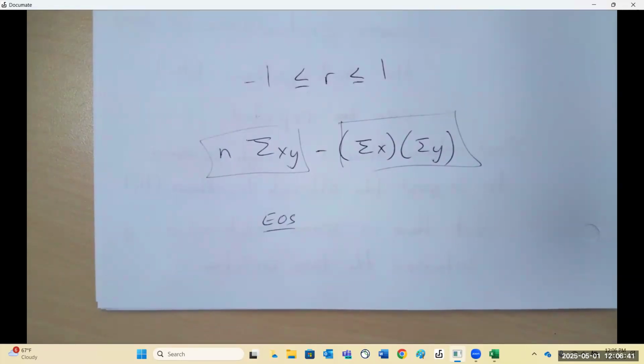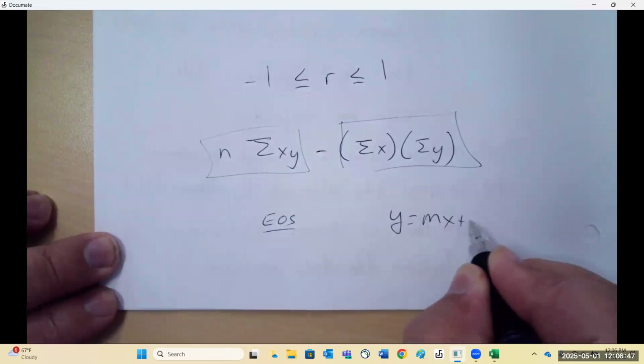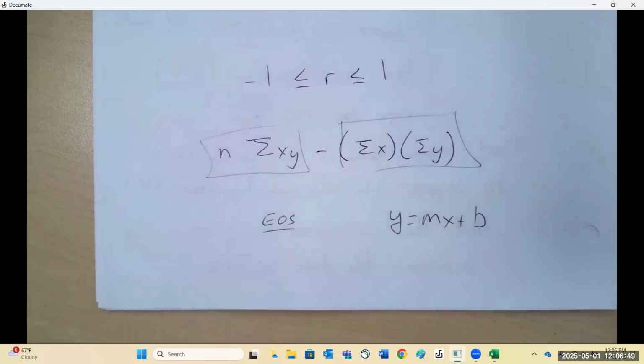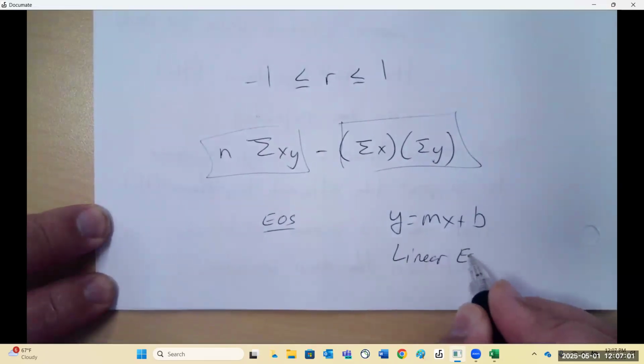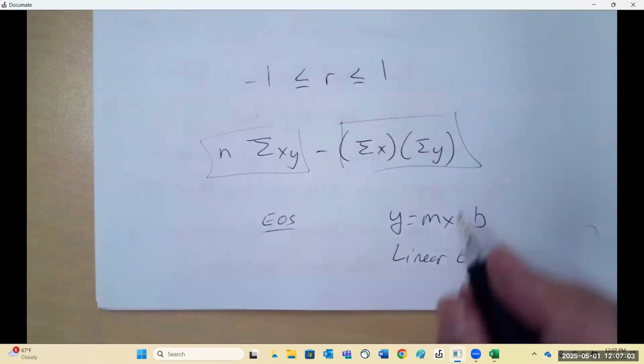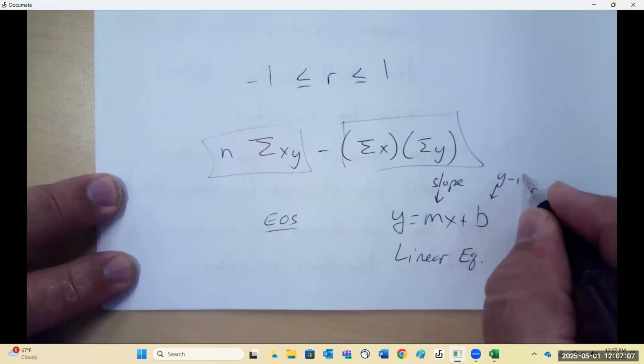The next one, when we do regression, we're now going to come up with a formula that looks a lot like this. What is that formula of? Yeah, this is a linear equation. M is the slope, and B is your y-intercept.